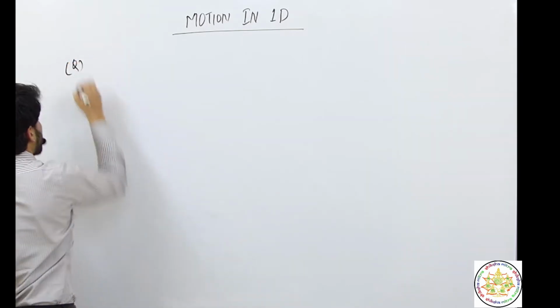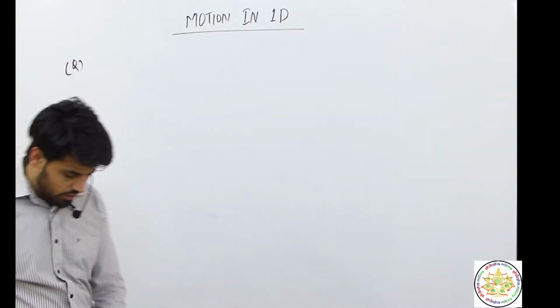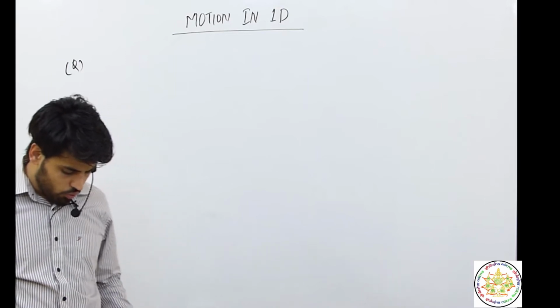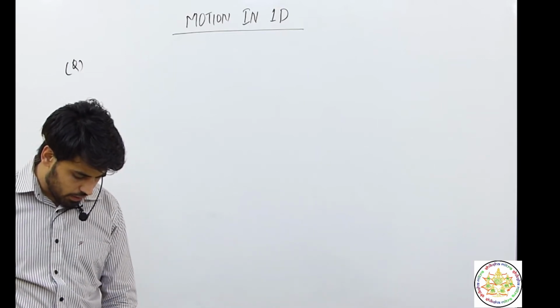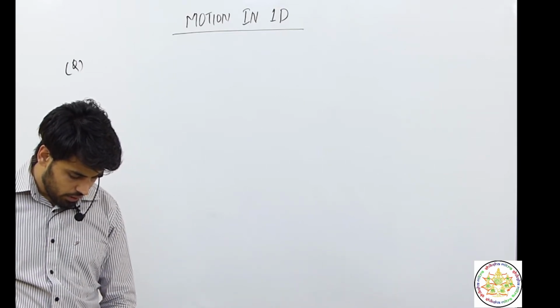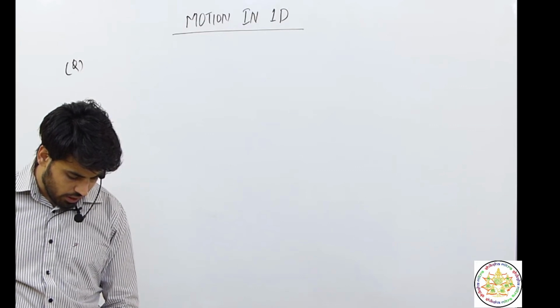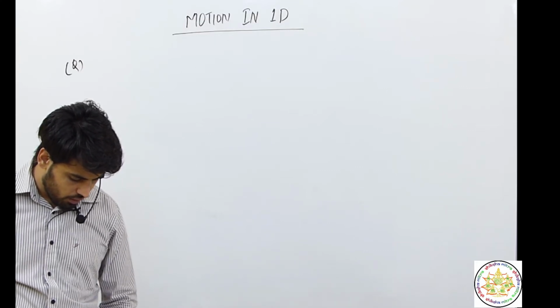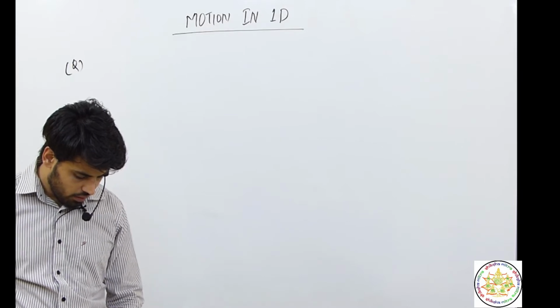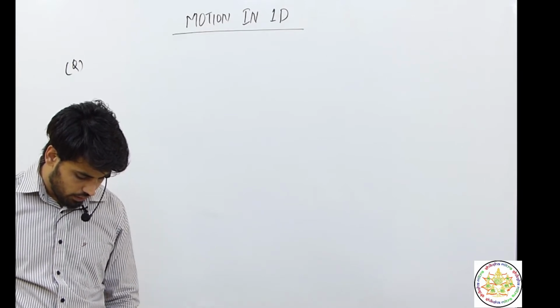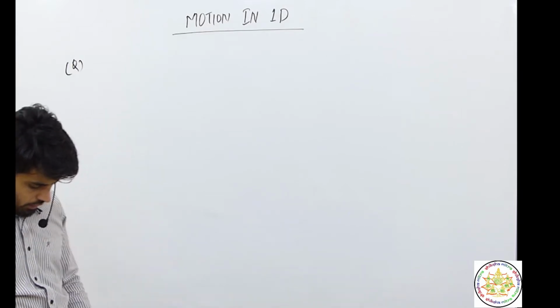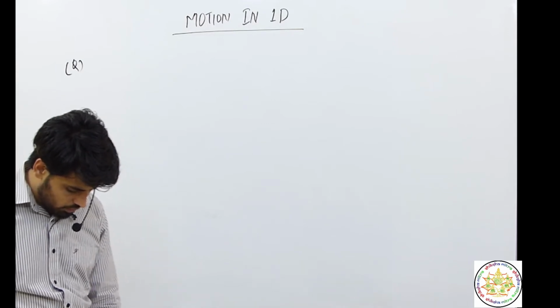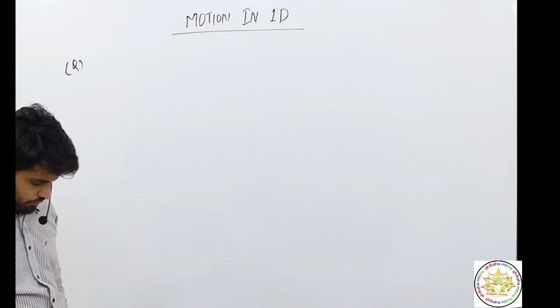One question we will practice. A particle is thrown in such a way that it passes the same point at 2 seconds and 10 seconds. Find the height. So we have to find the height from which it has been thrown.